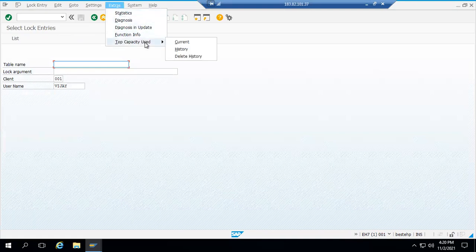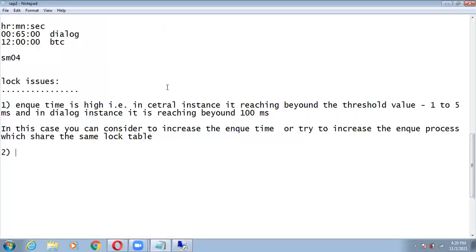You can check the peak capacity usage, current and history, each and everything. Understood? Yes or no? Yes, sir.